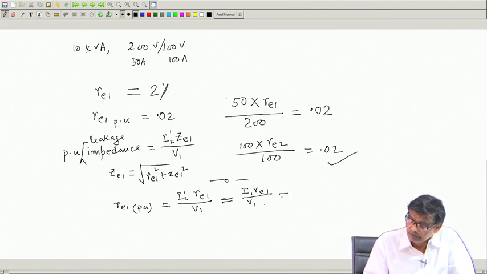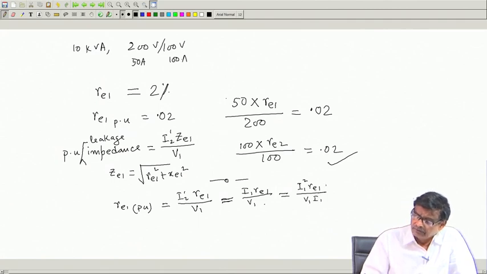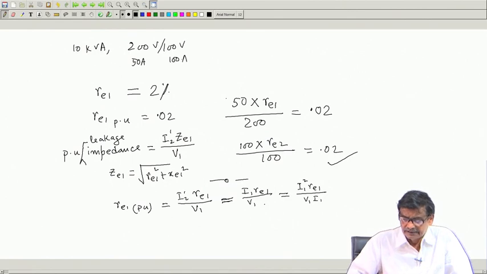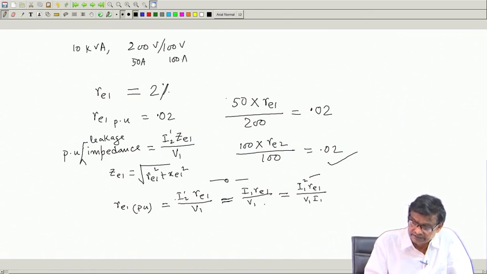You multiply the numerator and denominator by I1 to get I1 squared RE1 by V1 I1. So per unit resistance can be told as the amount of voltage drop in the equivalent resistance, expressed as a per unit value of the rated voltage, at rated current.